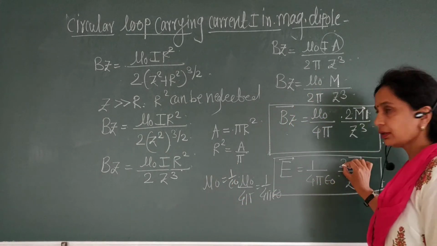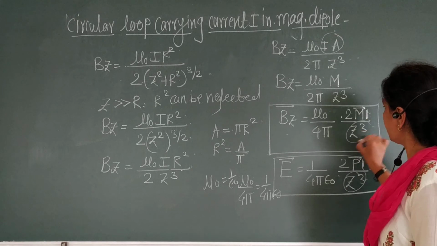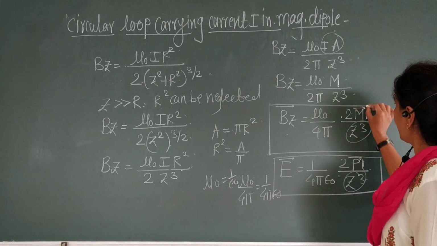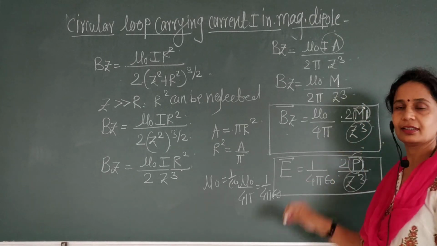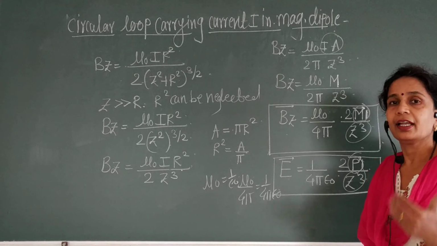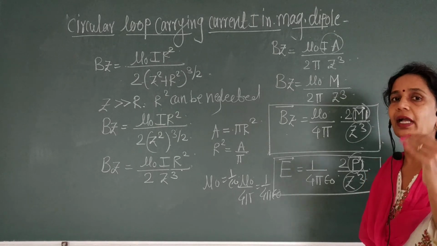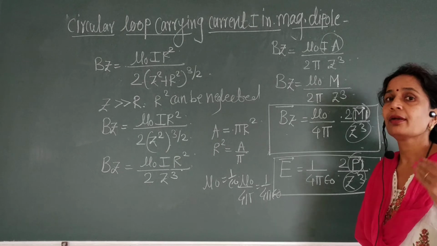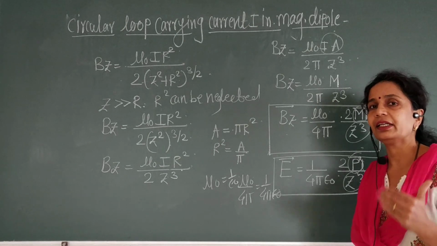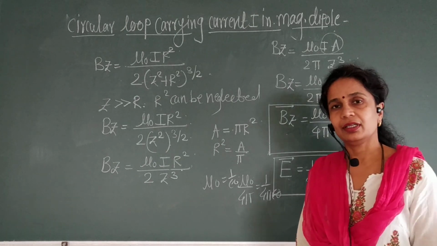The 2 corresponds to the 2, z cube to z cube, and M corresponds to p. M is the magnetic dipole moment, and p is the electric dipole moment. Okay, let us stop here.